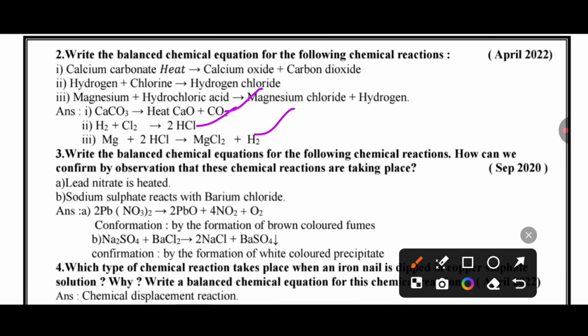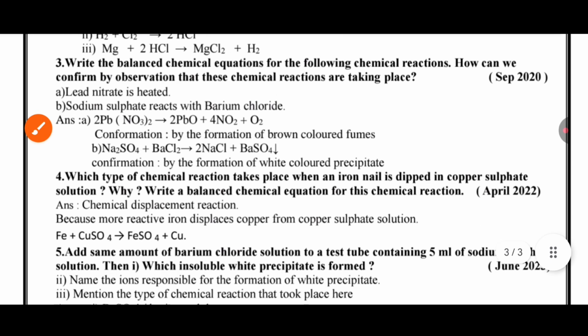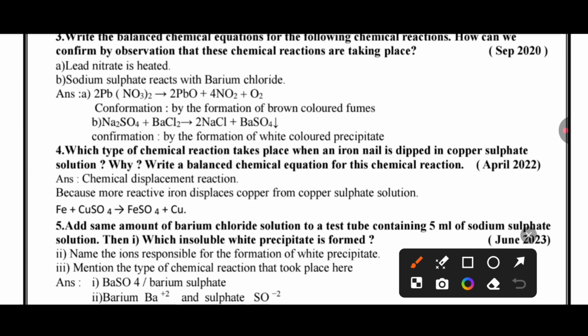Write the balanced chemical equation for the following chemical reactions. How can we confirm by observation that these chemical reactions are taking place? Lead nitrate is heated; sodium sulfate reacts with barium chloride. So 2Pb(NO3)2 gives 2PbO plus 4NO2 plus O2.